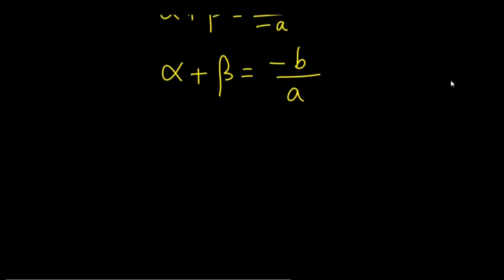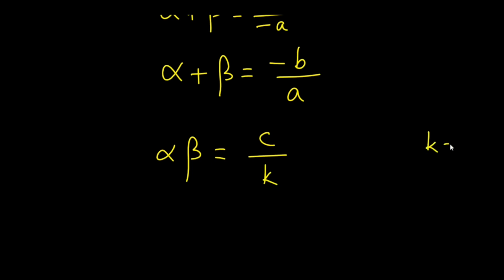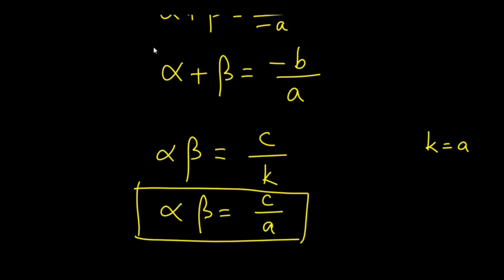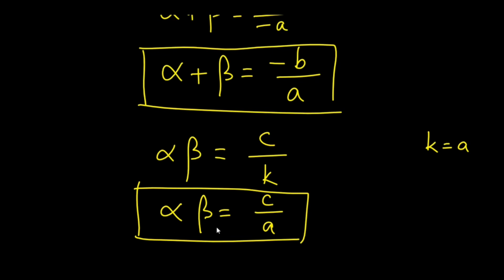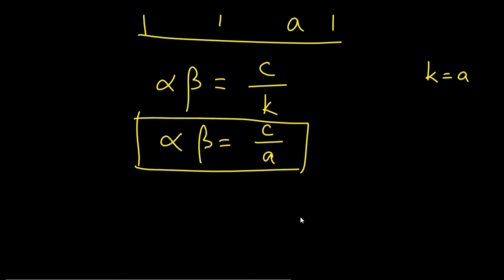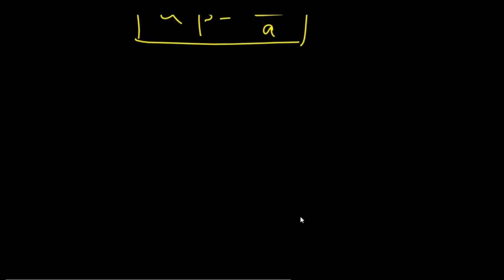From this we get alpha beta is equal to c by k. Here k is equal to a. So we get alpha beta is equal to c by a. So alpha plus beta is equal to minus b by a, and alpha into beta is equal to c by a. Now let us see cubic polynomial.